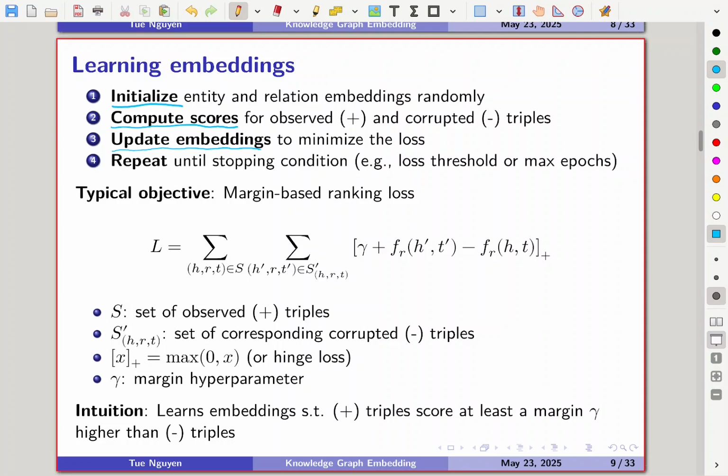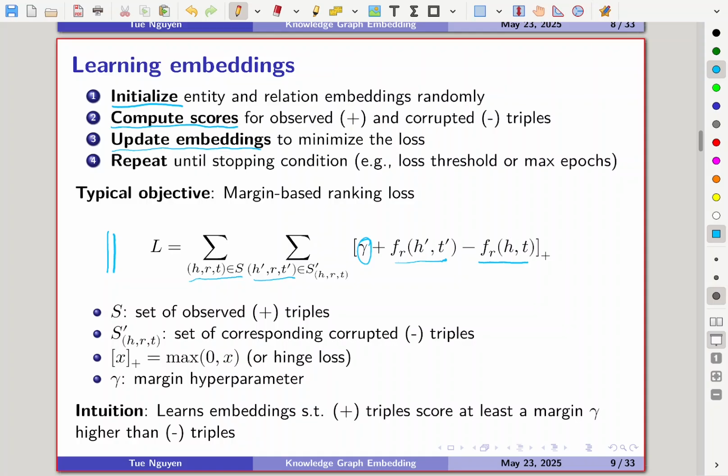The typical objective function for learning embeddings is the margin-based ranking loss. Assume that we have a training set S of observed examples. We will generate a corrupted sample from the training set. The next step is to measure the difference between the score of the negative and the positive. For now, forget about gamma. Here we have the score of the corrupted sample, and here we have the score of the true example.